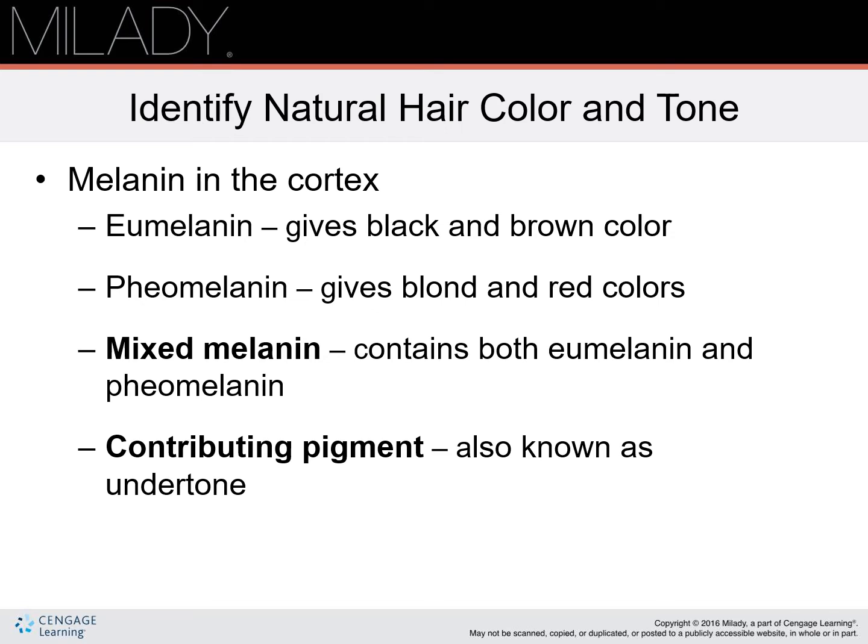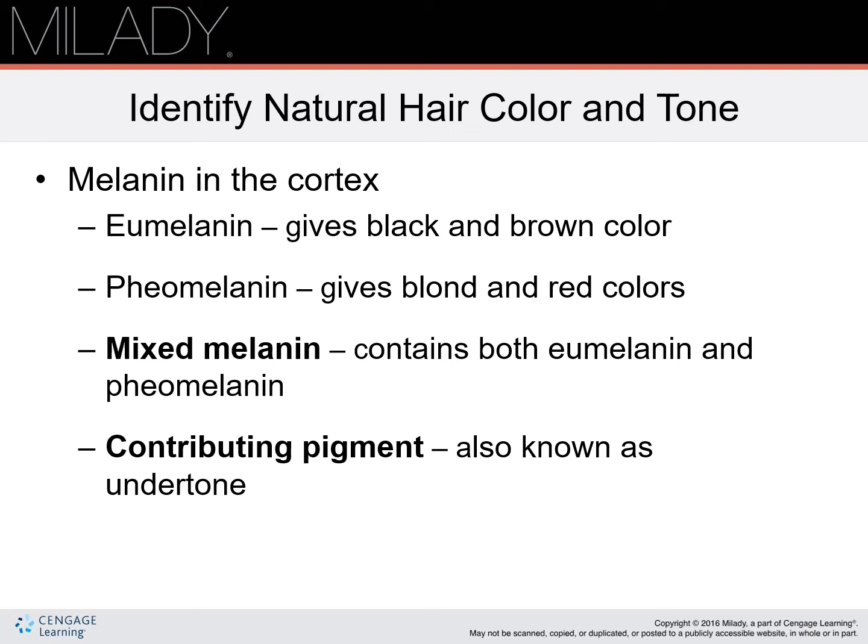So contributing pigment, also known as the undertone, is the varying degrees of warmth that is exposed during a permanent color or lightening process. The foundation of hair coloring is based on modifying this pigment with hair color to create a new pigment. So underneath your natural tone, when that is stripped away by lightening, you have a contributing pigment underneath.